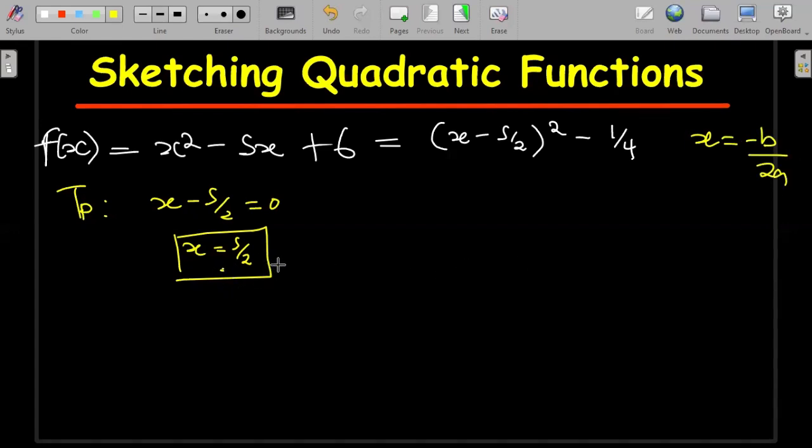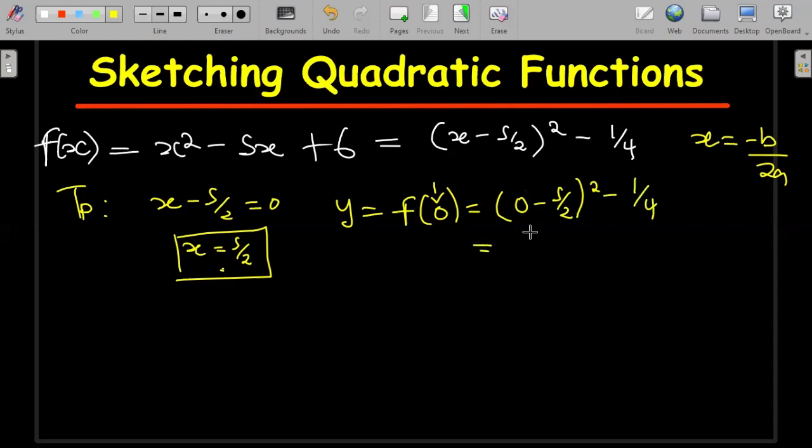What about the y coordinate of the turning point? We said it happens when you evaluate this function at x equals 0. So this will be 0 minus 5 over 2 squared minus 1 over 4, which is 25 over 4 minus 1 over 4. We have common denominators there, which is nice.